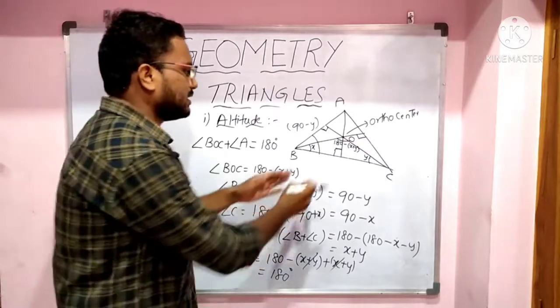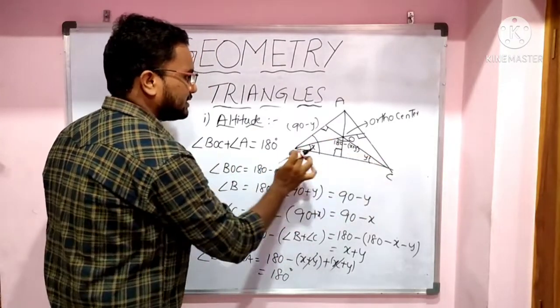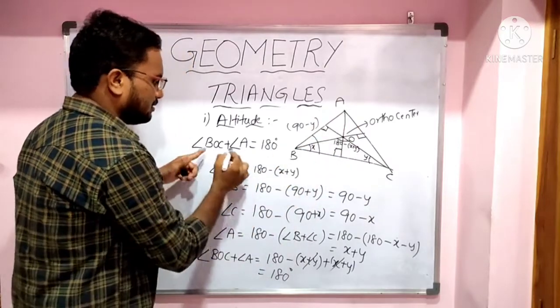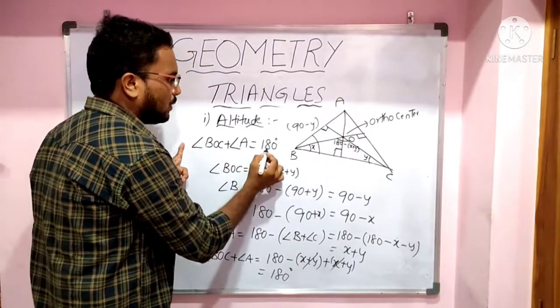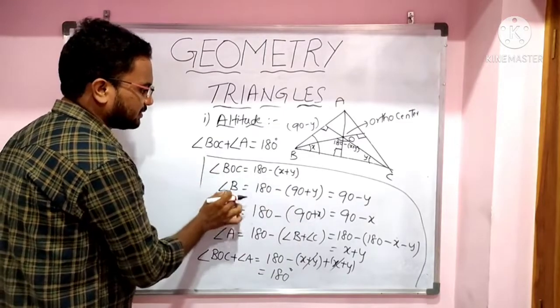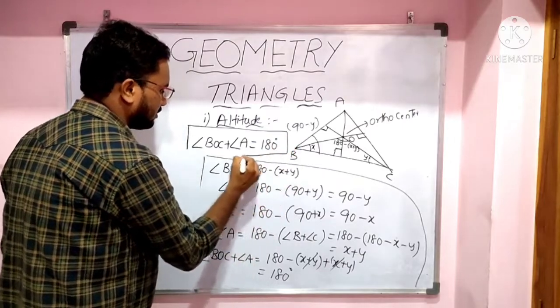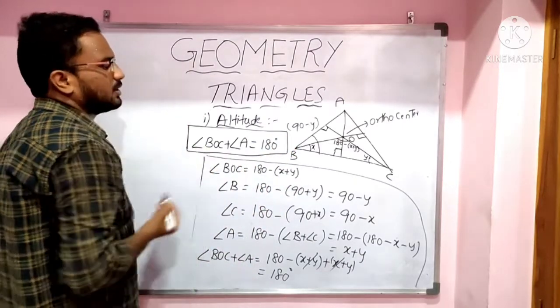So if O is the orthocenter, then angle BOC plus angle A equals 180 degrees. This is for your understanding, but you should remember this property.